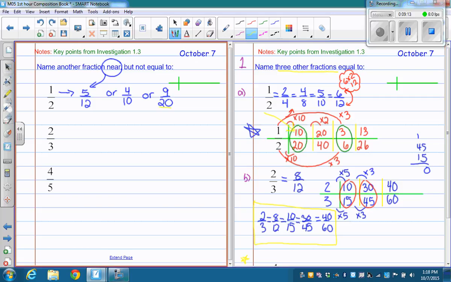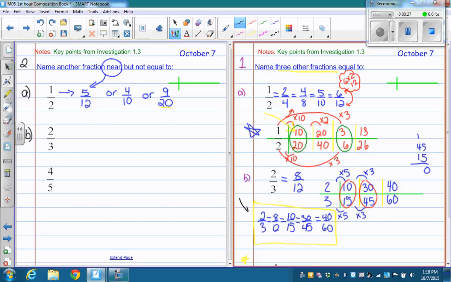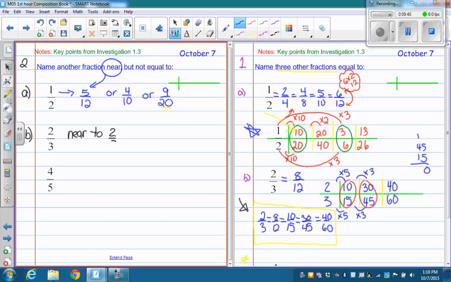We can repeat the process without the picture, just looking at the ratio tables. For example, we call that problem 2A, and look at problem 2B. 2/3, down here, we have lots of equivalent fractions for 2/3. 8/12 is equal to 2/3, so something that's near 2/3, but not equal to 2/3, would be, instead of 8/12 over here, 7/12, or maybe 9/12.